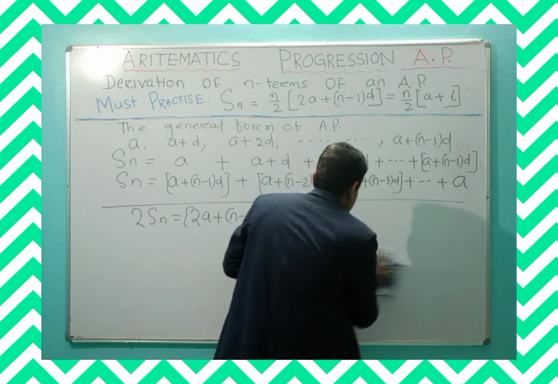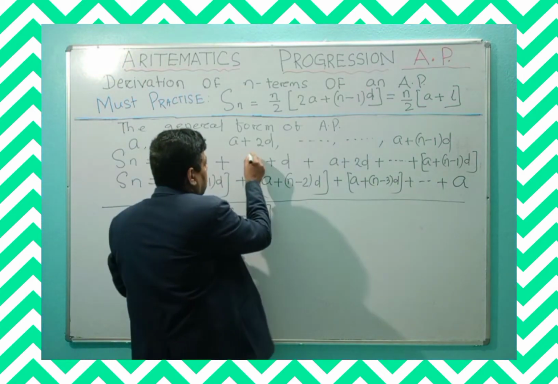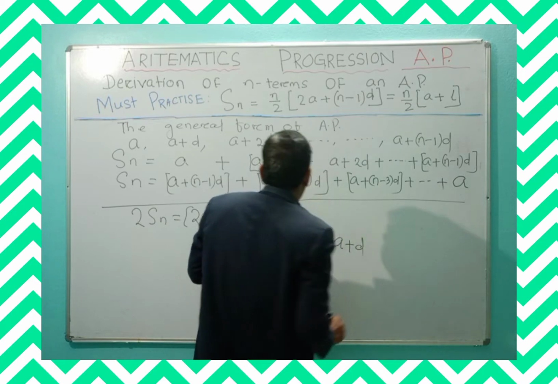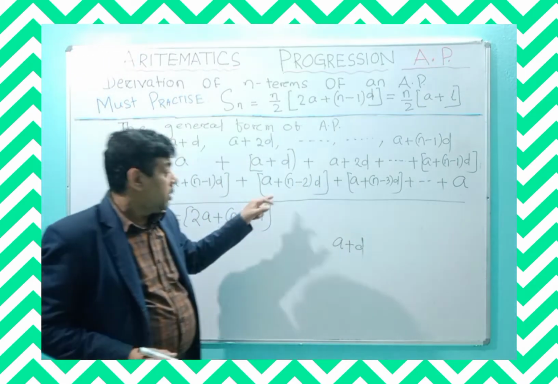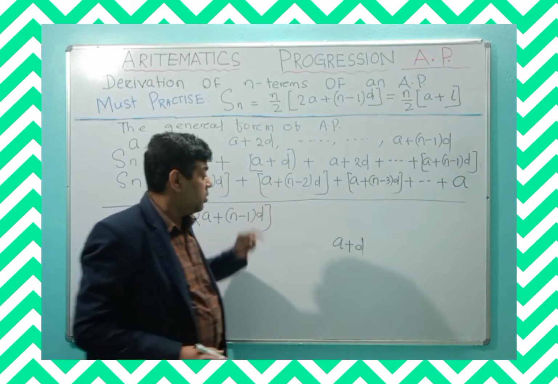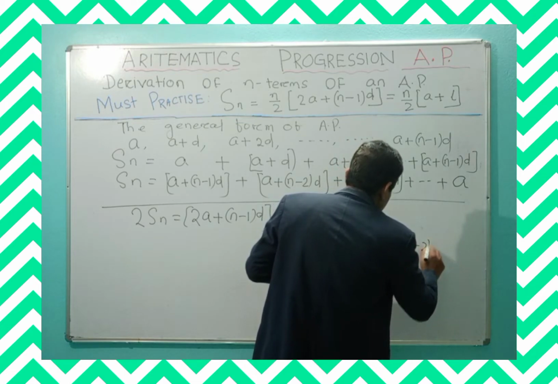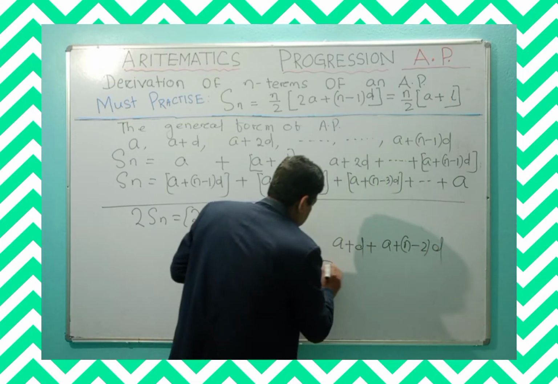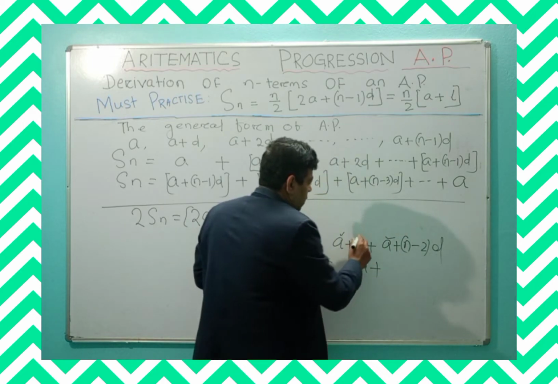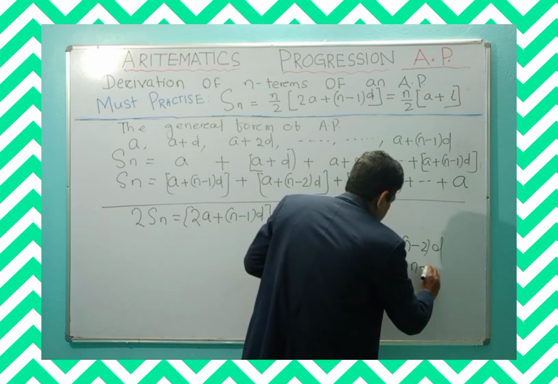Similarly, let us see the second term of the first equation. What is the second term of the first equation? It is a plus d. Is it clear? And what is the second term of the second equation? It is a plus n minus 2 whole into d. Now you add a plus a, and here d plus n minus 2 into d.